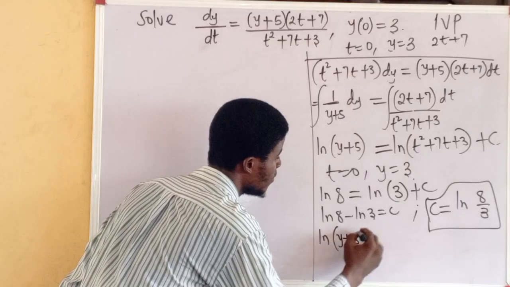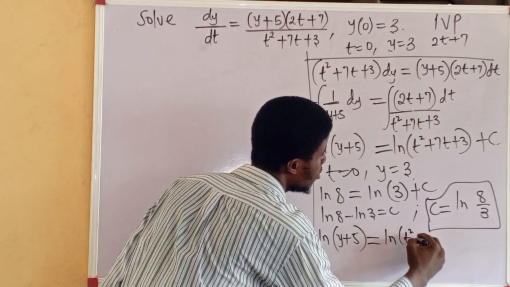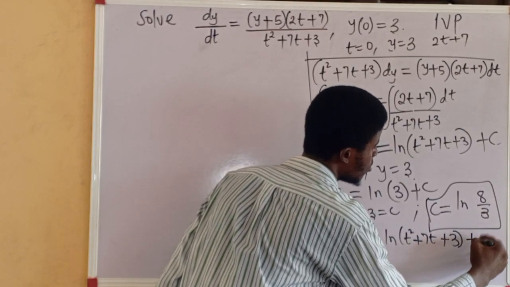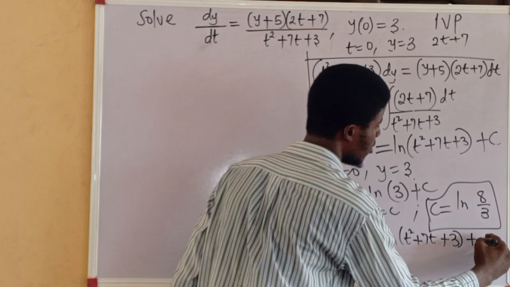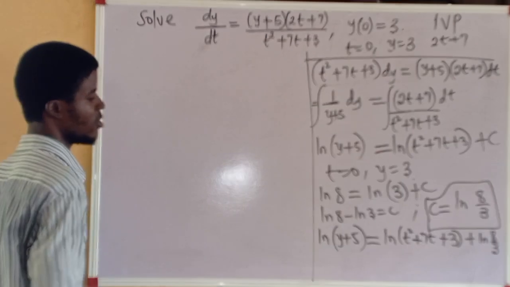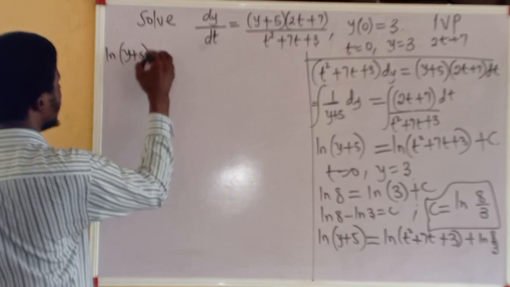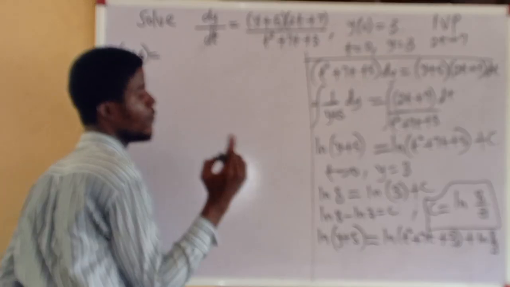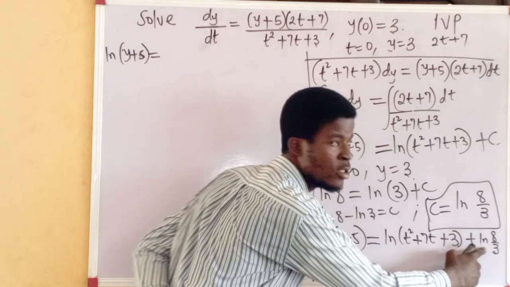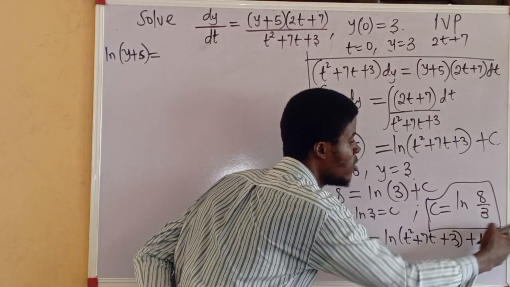So ln y plus 5 is equal to ln t squared plus 7t plus 3 plus ln 8 over 3. Alright, let's simplify that right hand side. By the law of logarithm for addition, they have the same base, log to base e, so I'll multiply these two: multiply t squared plus 7t plus 3 by 8 over 3.